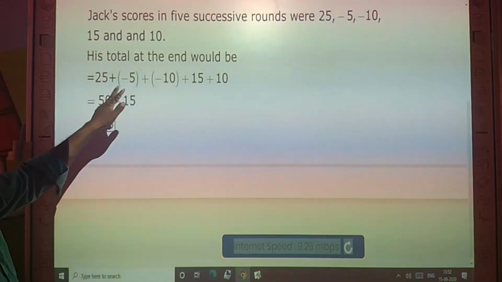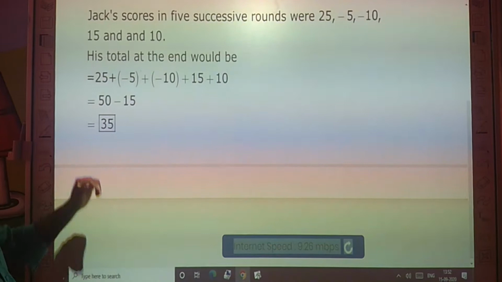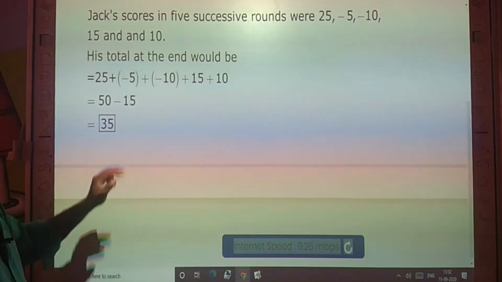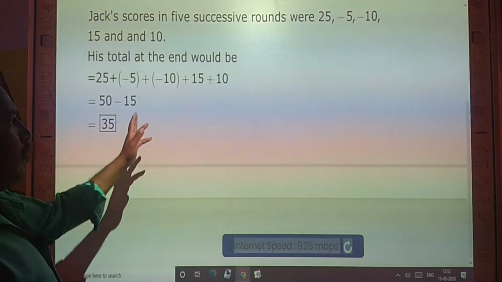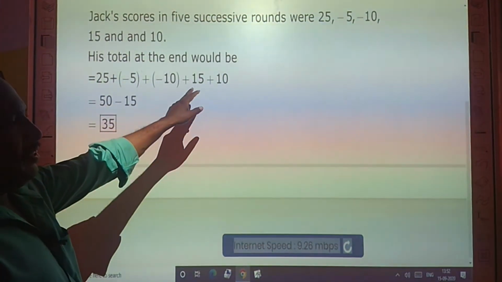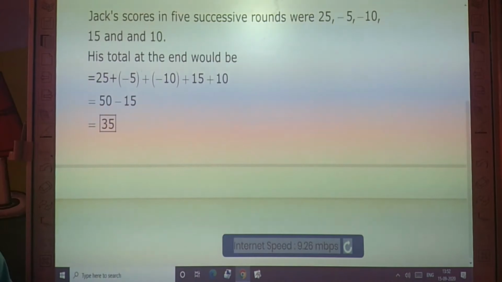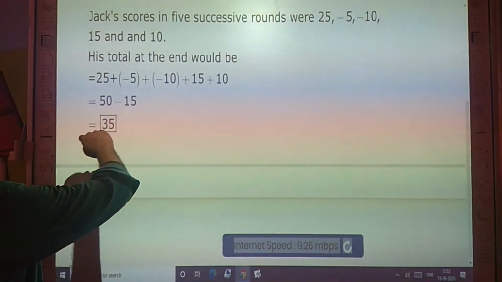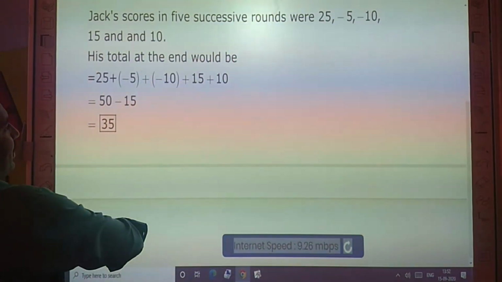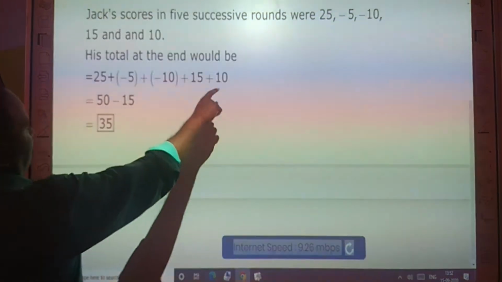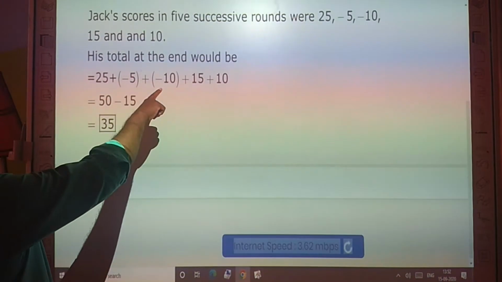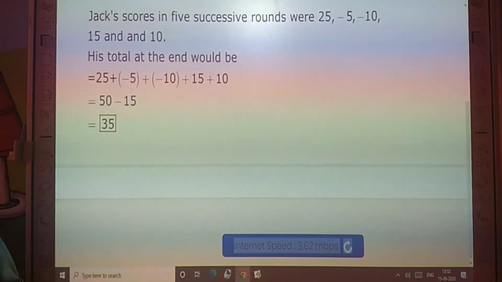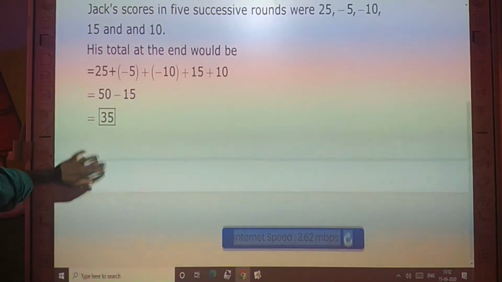Listen here, plus into minus is equal to minus. So 25 plus 15 is 40, plus 10 is 50. Then minus 5 minus 10 is minus 15. 50 minus 15 is equal to 35.